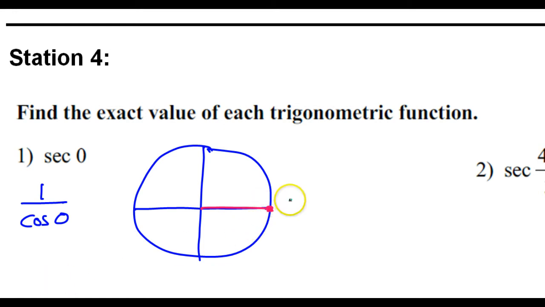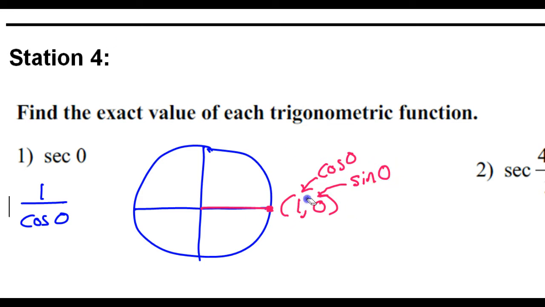Now the coordinates of this point are 1, 0. On the unit circle, the x value is the cosine, so this should be the cosine of 0, and the y value is the sine, so this should be the sine of 0.